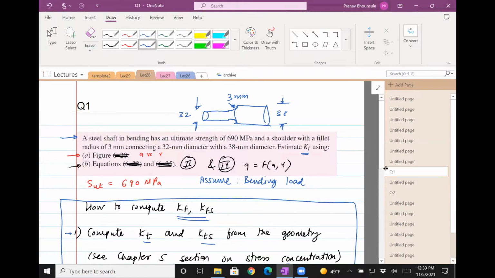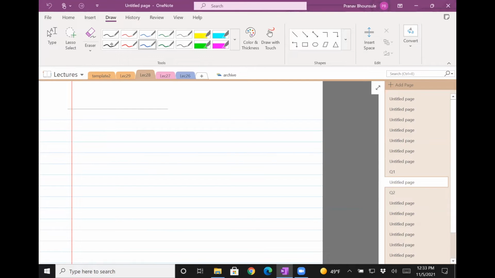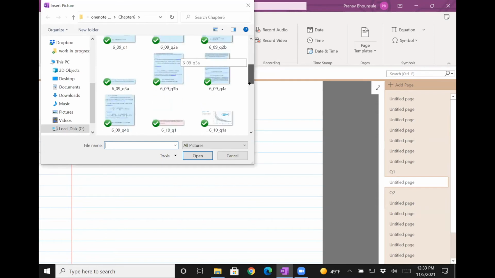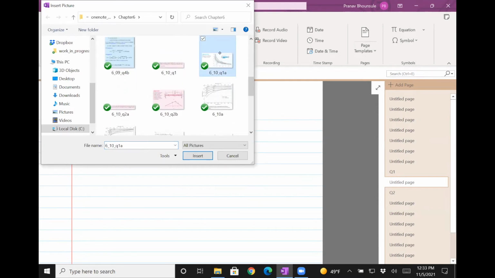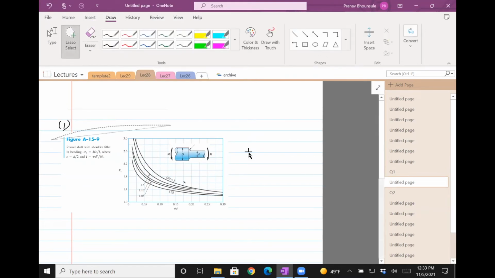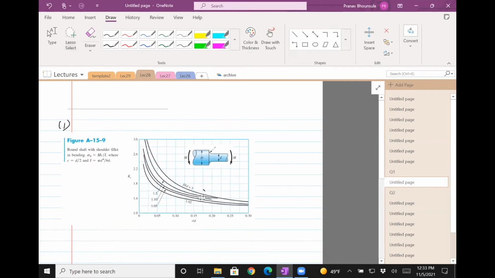Find KT, but we need to figure out what that KT is based on the geometry. And so what I did was I went to the appendix and pulled up the corresponding figure. So I'm going to just dump it here. It's this one. You've probably seen it in the previous chapter.